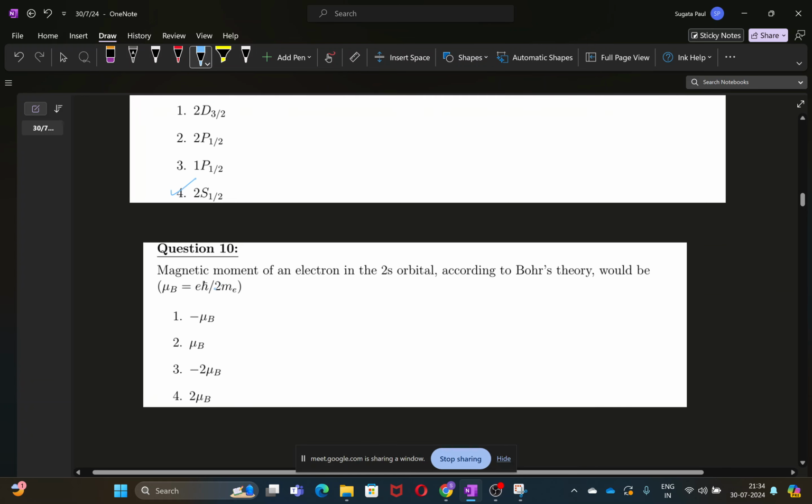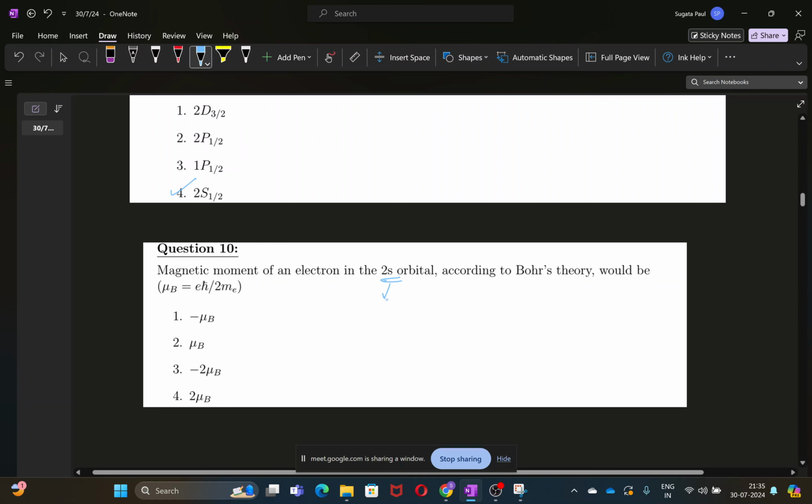And then the last question is, the magnetic moment of an electron in the 2s orbital according to Bohr's theory would be, the value is given in units of Bohr magneton, which is the standard unit of magnetic moment, which has a value of eħ by twice m. Now just look at the question carefully, that you are asked that the electron is sitting in the 2s orbital.